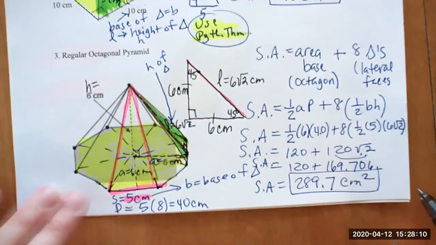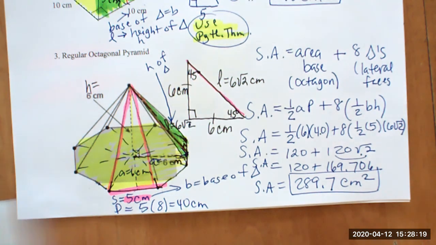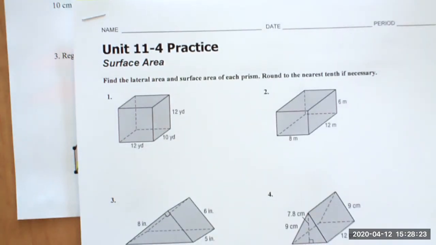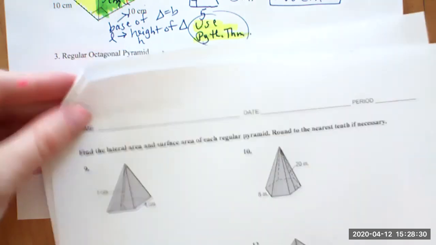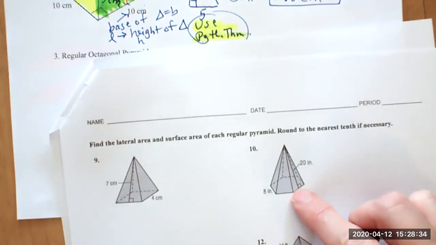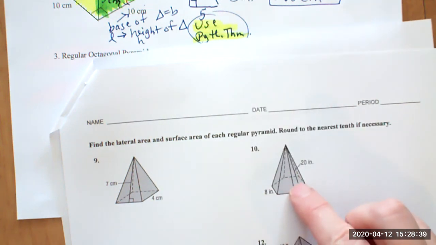Something to keep in mind that I want to mention, and I'm going to grab it here to give you a bit of a hint. This is your 11.4 practice assignment. Where you're looking for the surface area of the pyramid here, notice that this happens to be a hexagonal pyramid because the base is a hexagon.